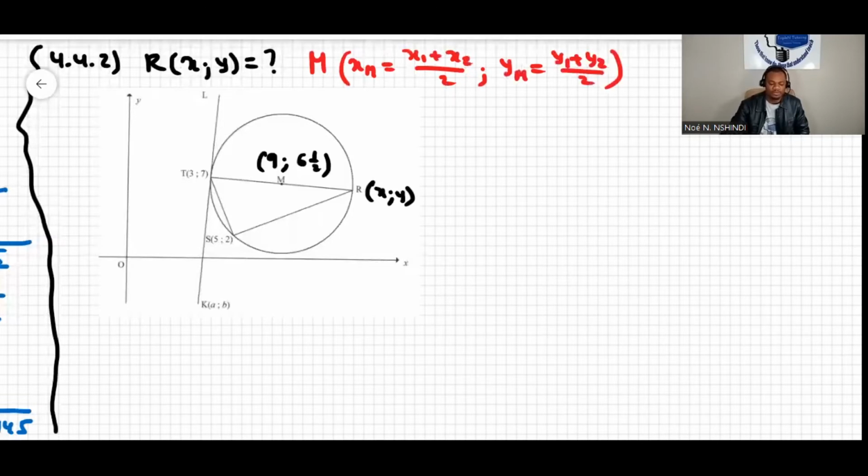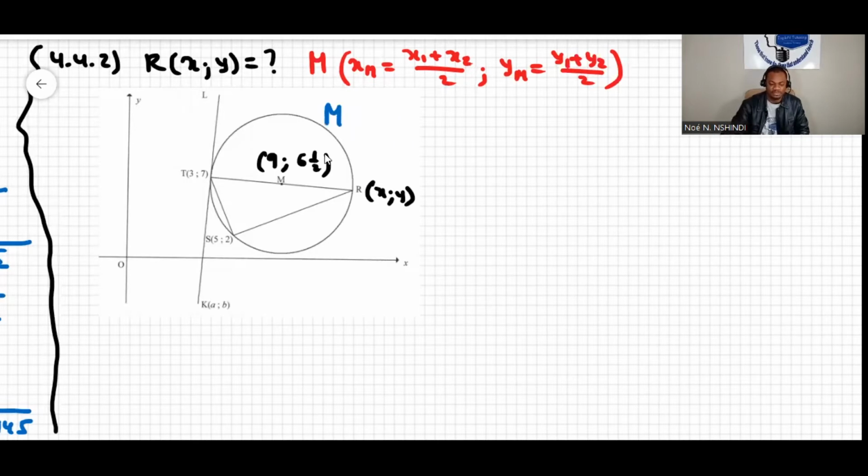Now we can find R, because we know M: xm is 9 and ym is 6.5. So I can write M here.